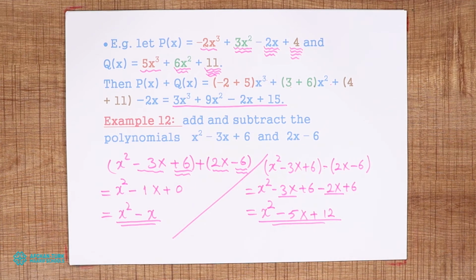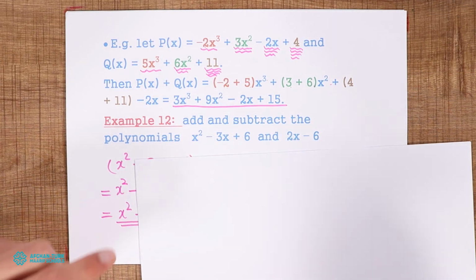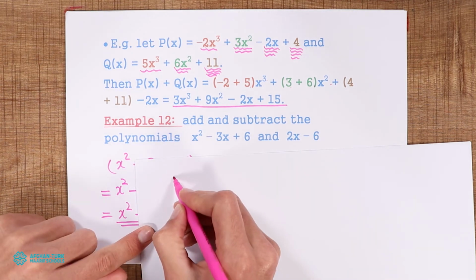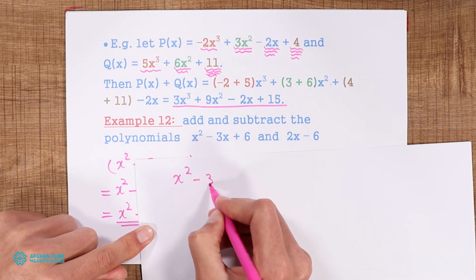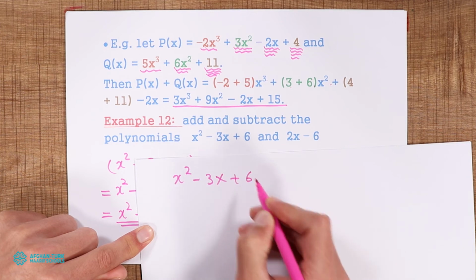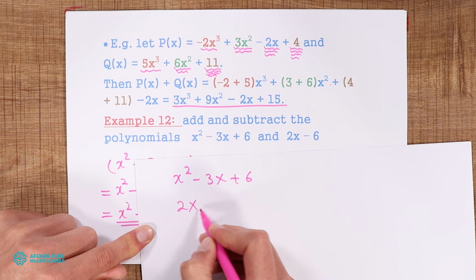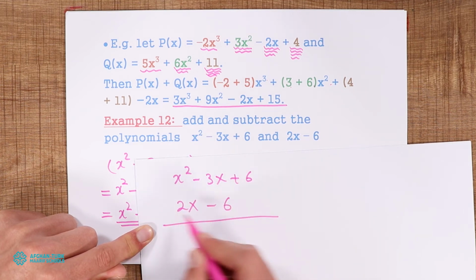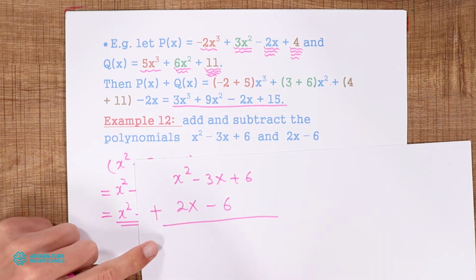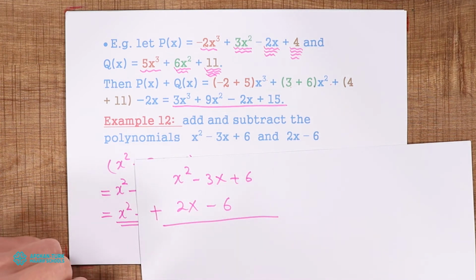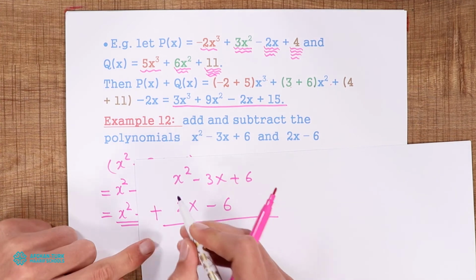And also you have another method for solving this addition and subtraction, which is down by down. For example, we can write this polynomial as x squared minus 3x plus 6, and at the down you can write 2x minus 6. You will have a line here, vertical horizontal line. You will have same plus sign here. So just you need to find the like terms here. From greatest power we start.